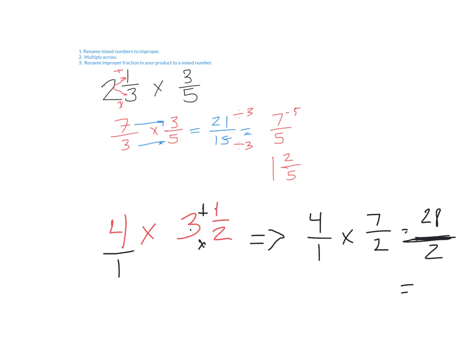So I can take 28 and simply divide it by 2, and I have a whole answer of 14 wholes. So going back to my beginning problem, if I took 4 times 3 1/2, I already know that 4 times 3 is 12, plus 4 halves more equals 14. So my answer does make very good sense.